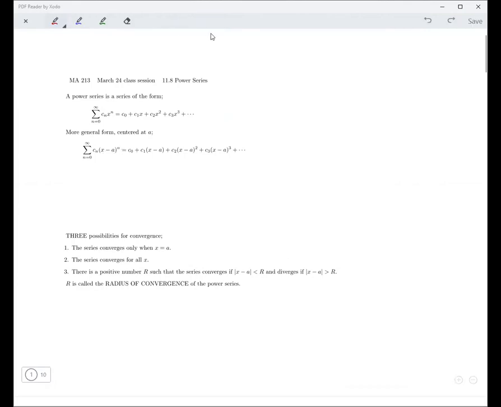Now, the thing about this is, it could converge for some values of x, and there are 3 possibilities. That's why we're talking about convergence. Where this converges, it is a function f of x. It represents, or vice versa, there are some functions that you can represent with power series like this.